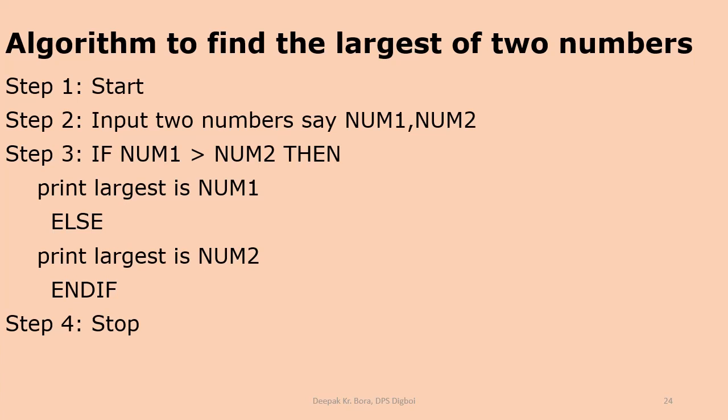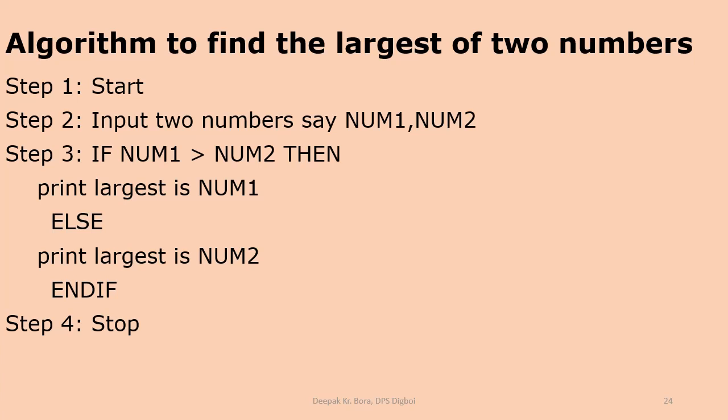Then step 4, stop. Here in this step 3, it means if num1 is greater than num2 is true, then we are going to execute print largest is num1, that is, this will be printed, and once it is executed, it will come out of this step, that is, it will go to the statement after the end if, that is step 4, stop.